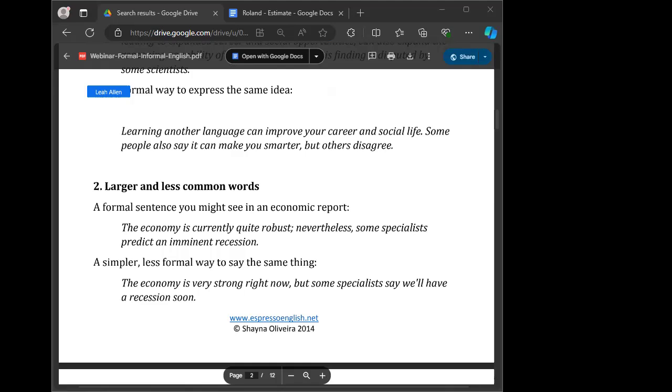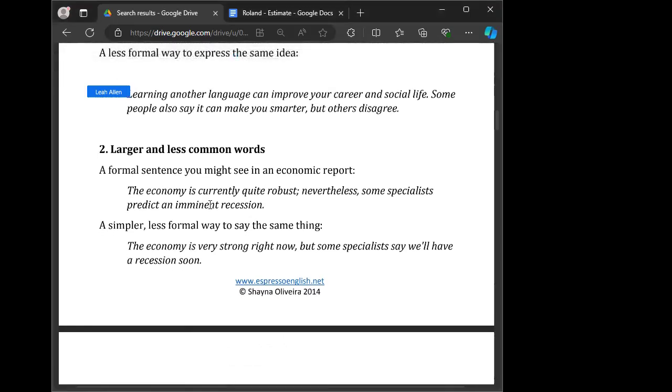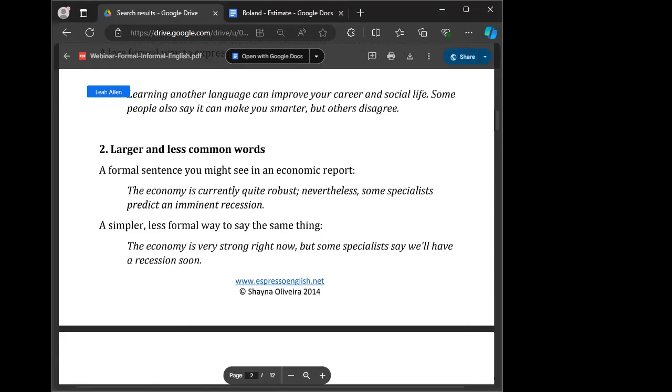And then predict was simplified to say, and imminent was simplified to soon. All right. So the main thing is that formal language is going to have basically fancier words, and less formal language does not.